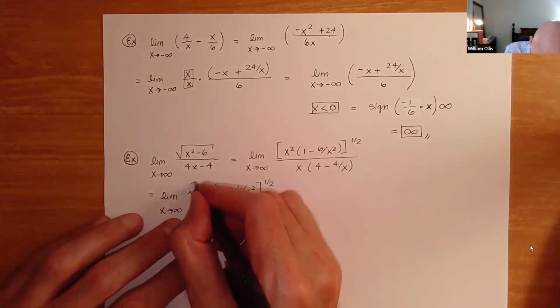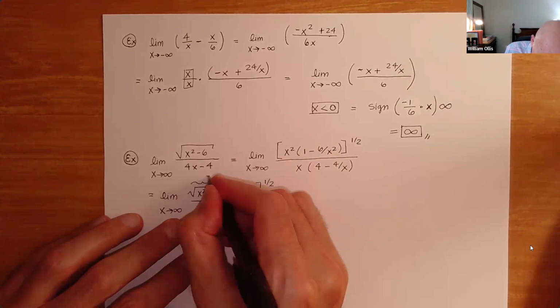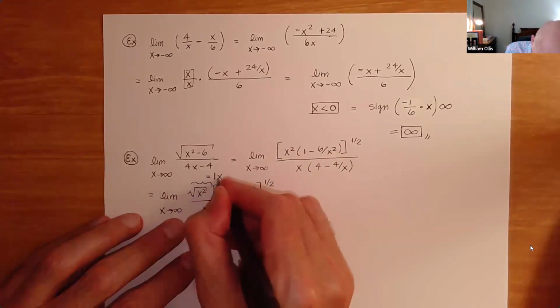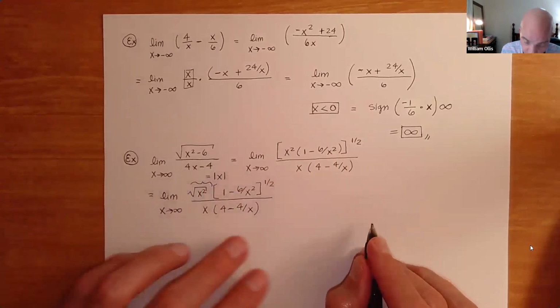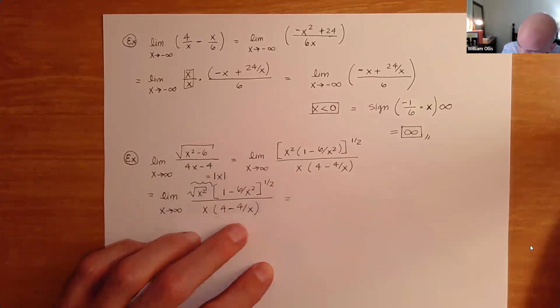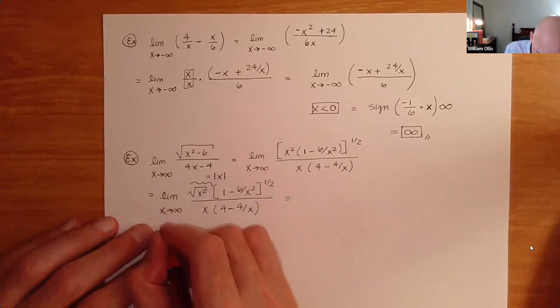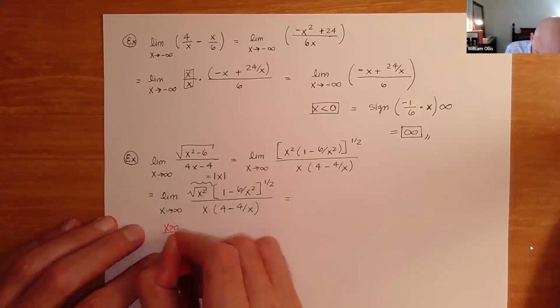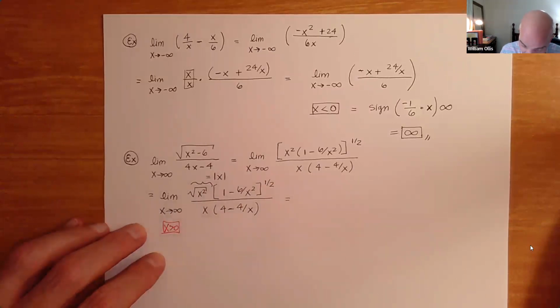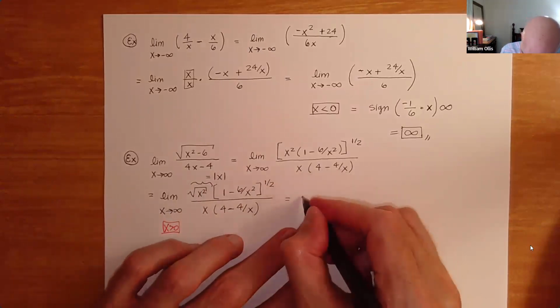Now, this will give us the absolute value of x by definition. And now, of course, x is positive by the given problem. So we can replace the absolute value of x with just x.